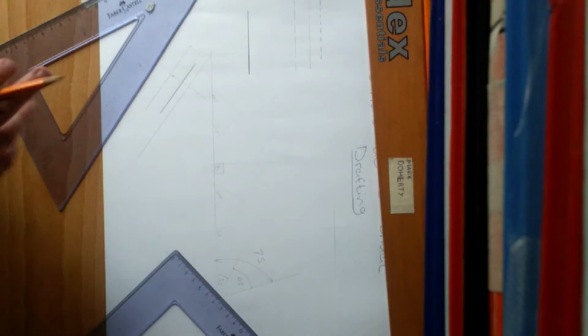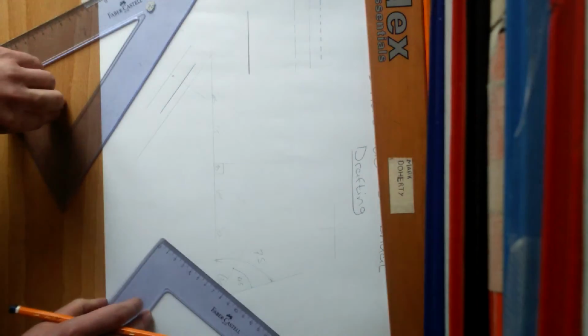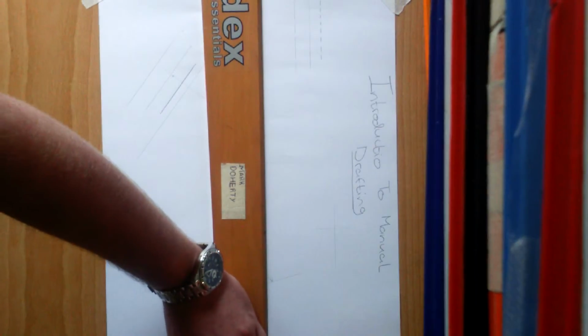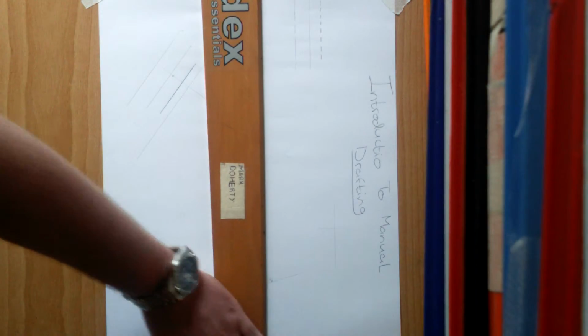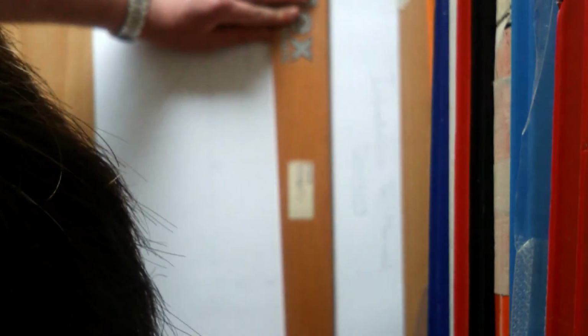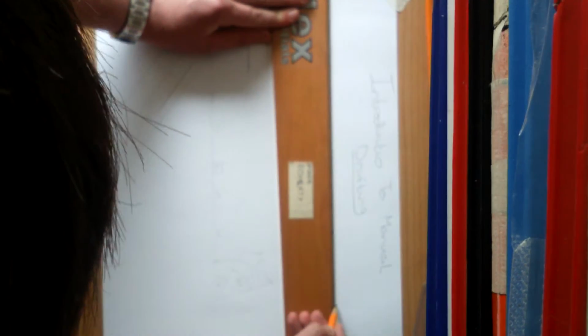And the last point is drawing circles and curves with a compass. So firstly we just need a point. So we have our center line with long dash, short dash, long dash, short dash, long dash, like so.